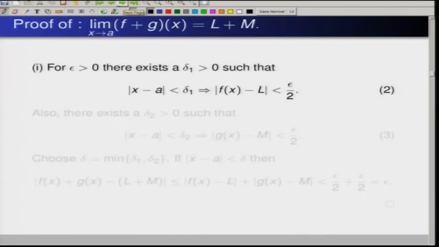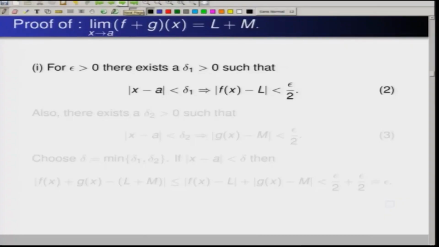Now, that means what we want is that for every epsilon positive, given any epsilon, we must find a delta such that |x − a| less than delta should give |(f plus g)(x) − (L plus M)| less than epsilon. Okay.